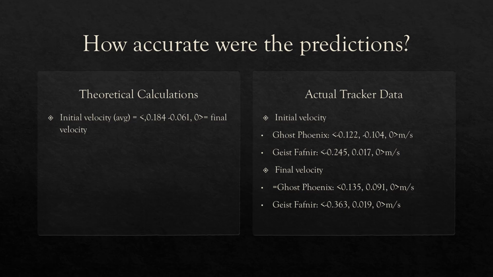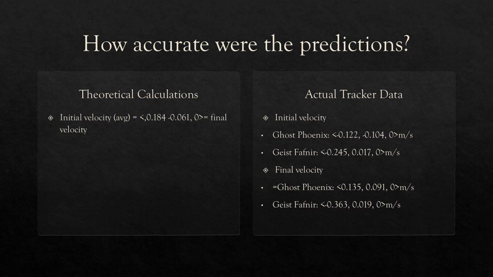So the theoretical calculation showed a velocity of negative 1.84 in the x direction and negative 0.61 meters per second in the y direction, which is equal to the final velocity if energy was conserved. Moving into the actual tracker data though, the initial velocity was negative 0.122, negative 0.104 meters per second for the top one, and then negative 0.245 and then 0.017 meters per second.